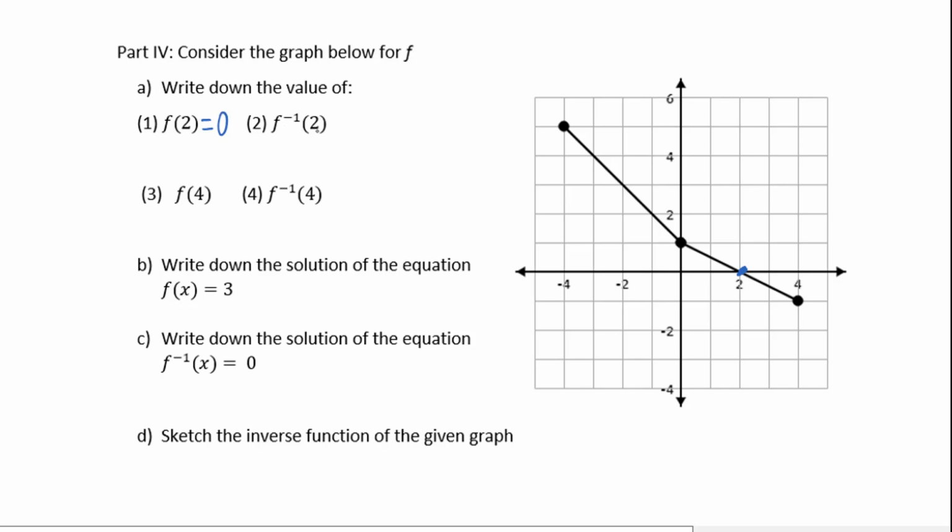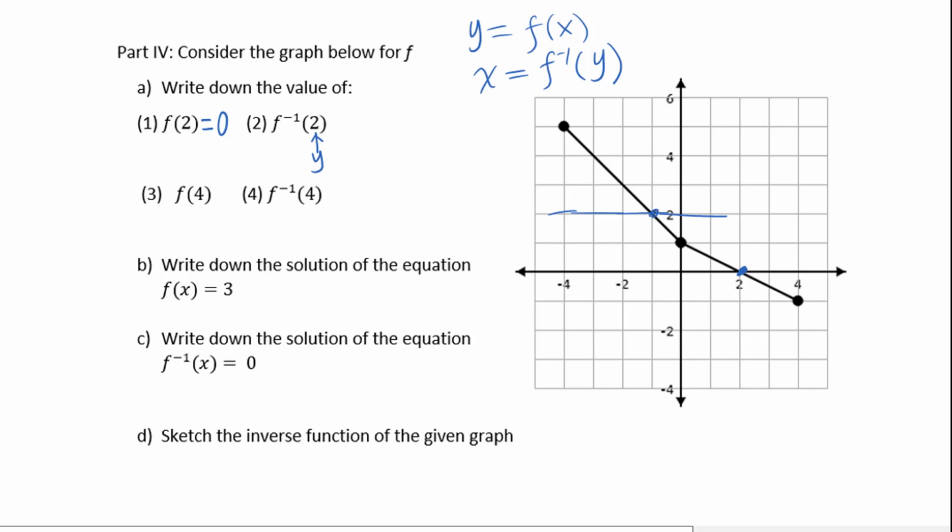Number 2. Inverse f of 2. This 2 will be y, because we know y equals f of x. Then x equals inverse of f of y. When y equals 2, we will draw a horizontal line.